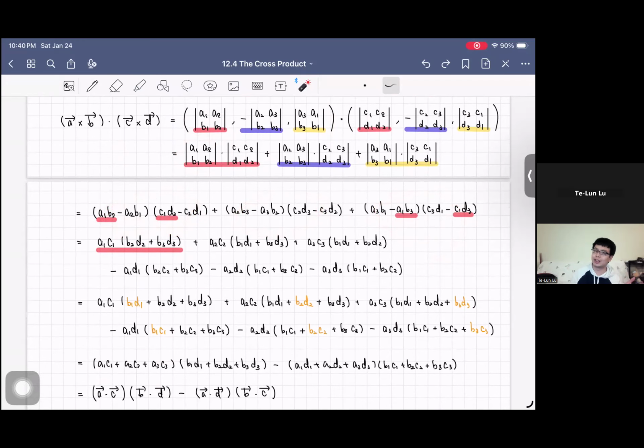We now have to develop some smart idea to group them together. The first thing I want to do is group A1C1. What contributes to A1C1? There is this term, A1C1B2D2, and also this one, A1C1B3D2. And do the same for A2C2 and A3C3.